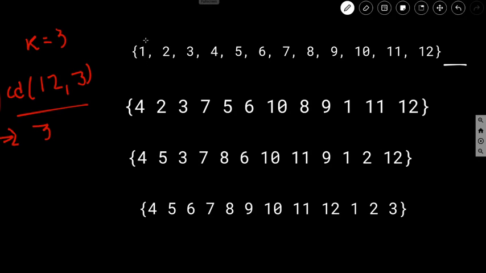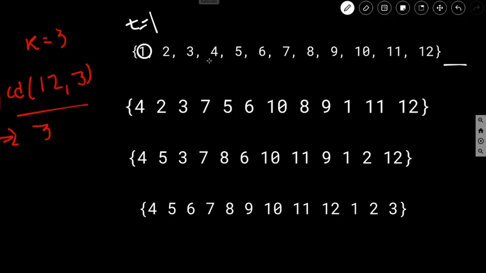Suppose, first of all, in any approach we need to shift 1. So we will pick up this value 1 and store it in some variable t. After that we will start shifting. How?